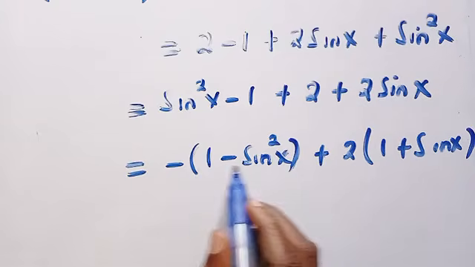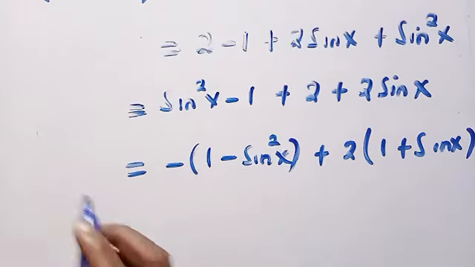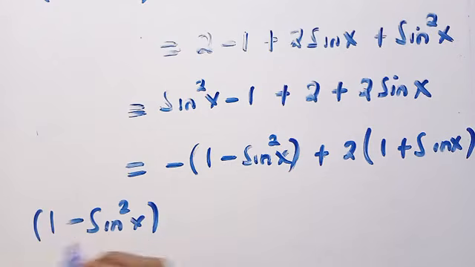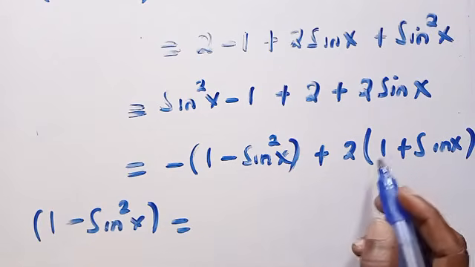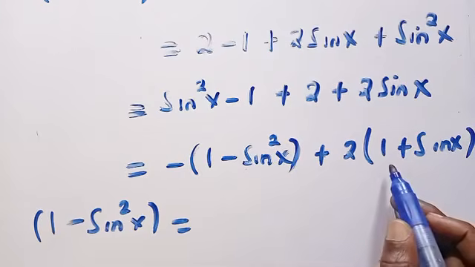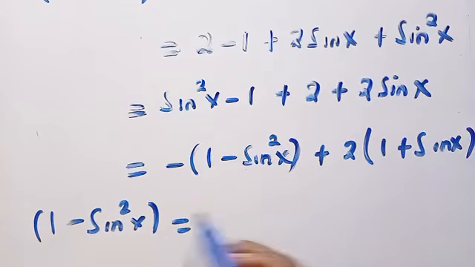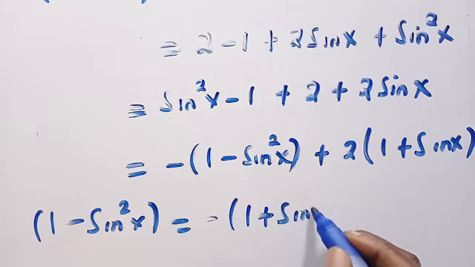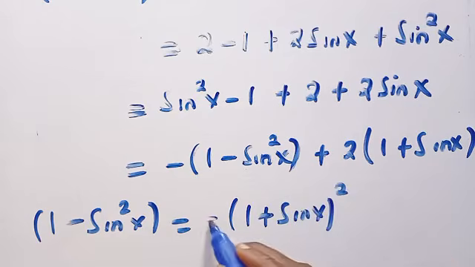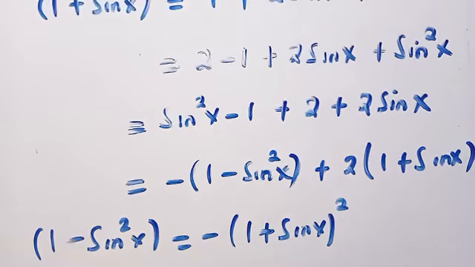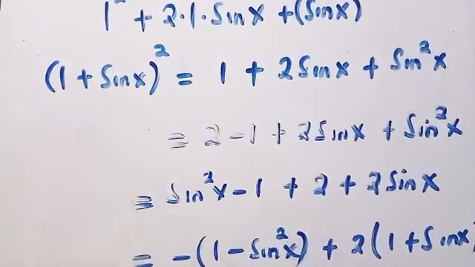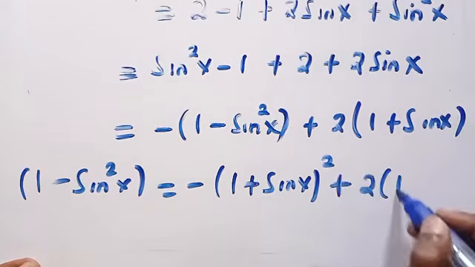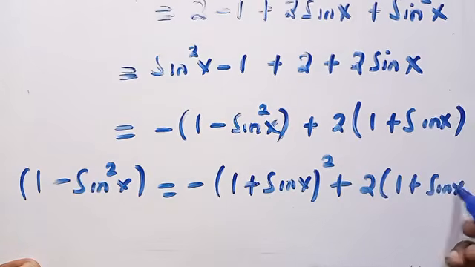If I make 1 minus sine squared x the subject, we have 1 minus sine squared x equals 2 into the bracket of 1 plus sine x, and we also take minus 1 plus sine x all raised to the power 2 to this side, so positive changes to negative. Then here is plus 2 into the bracket of 1 plus sine x.